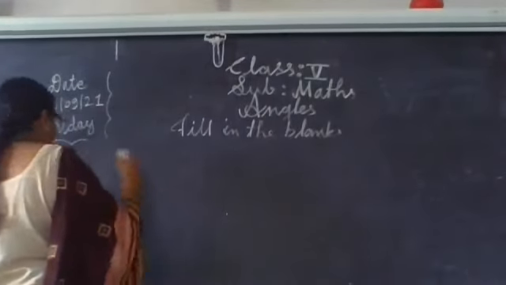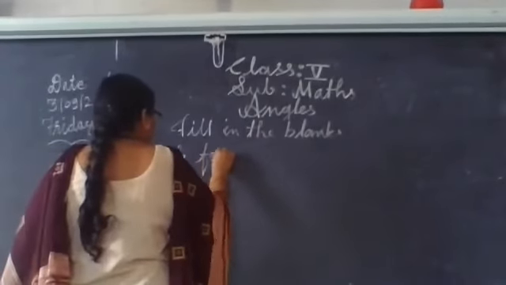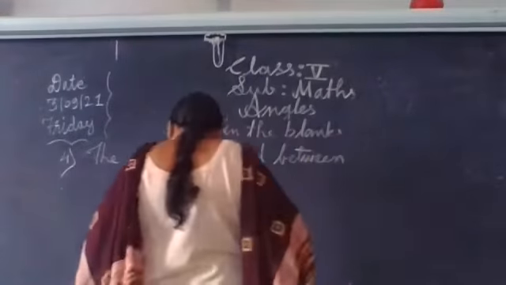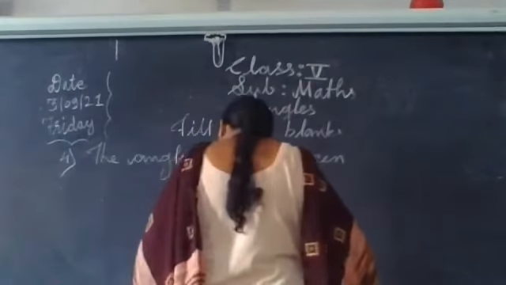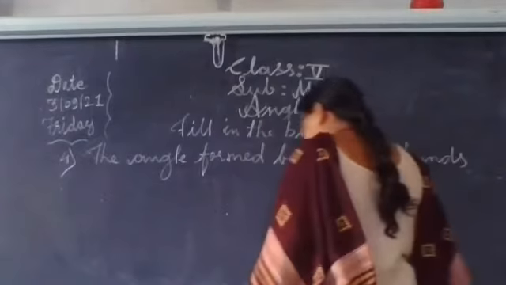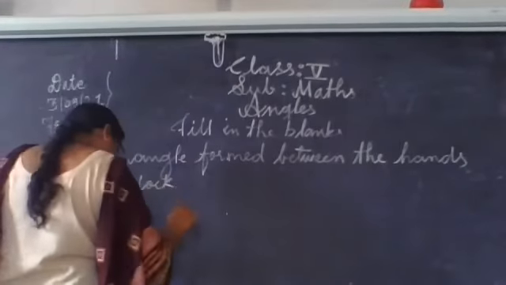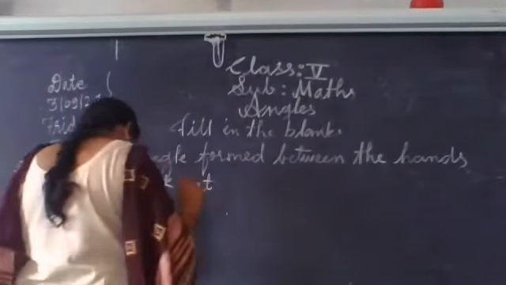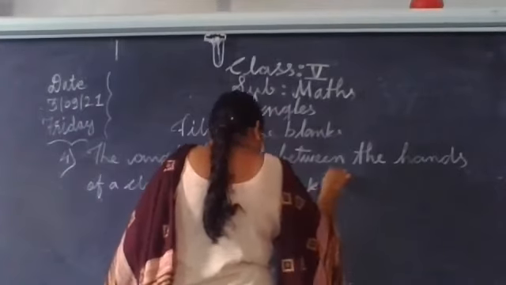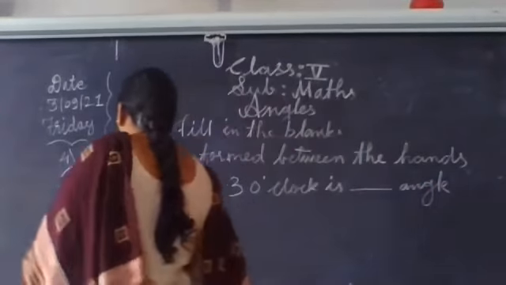The angle formed between the hands of a clock at 3 o'clock is dash angle. Fifth one.